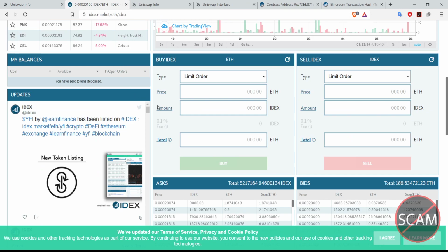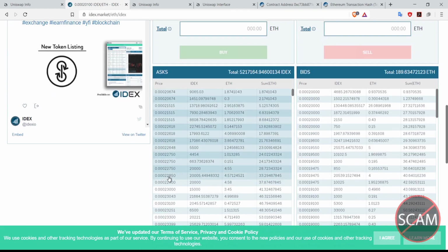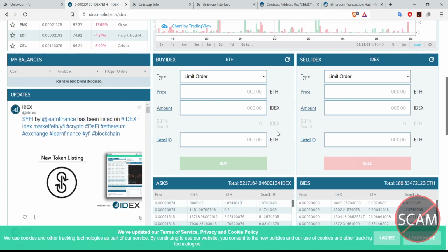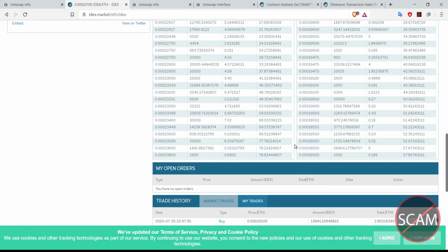Another way of looking at it is to look at the total order books. So this is RDX. It's a decentralized exchange, but they have an order book system, much like a centralized exchange.